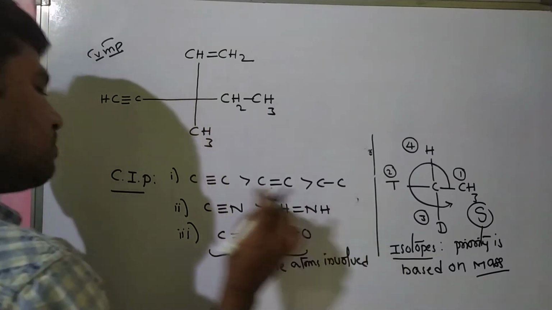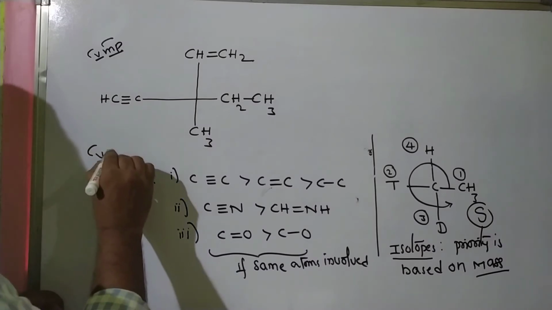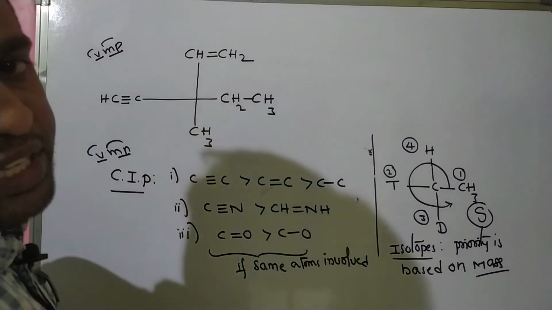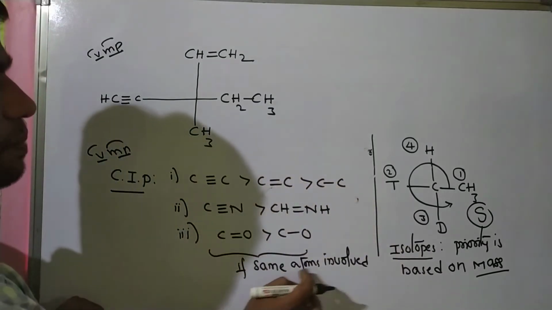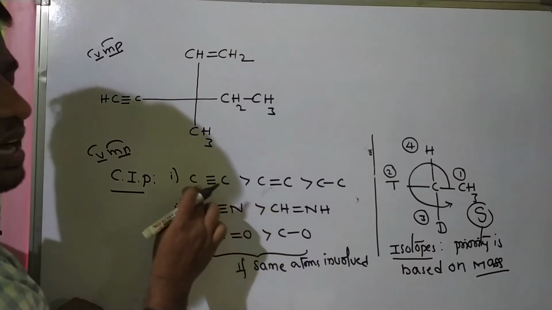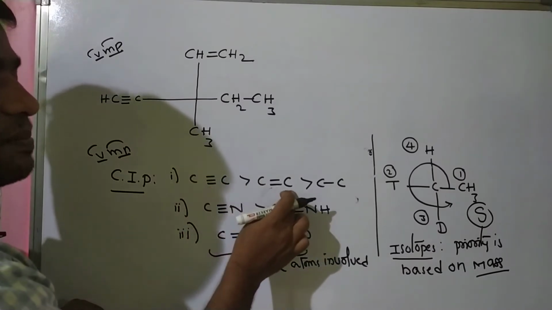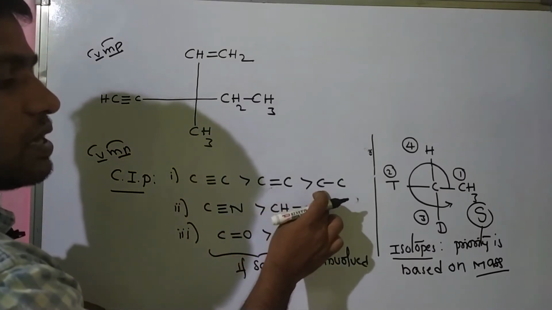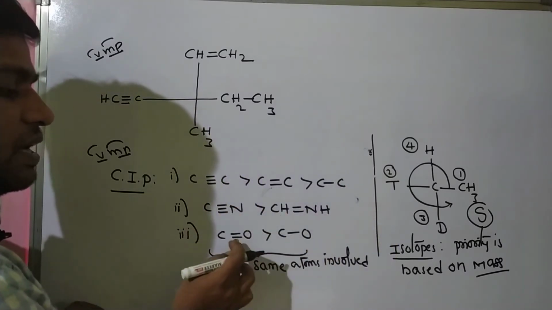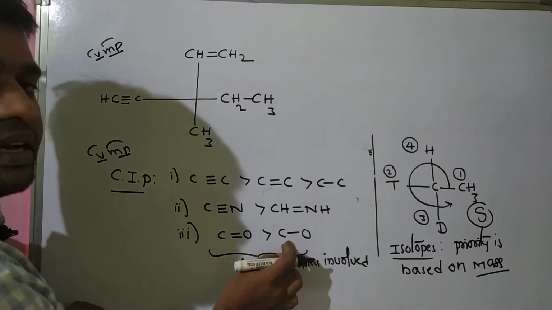This is a very important CIP rule. Please try to understand what I am teaching. Okay, students? If the same atoms are involved, the order of priority is like this: carbon triple bond is greater than carbon double bond, greater than carbon single bond. Here triple bond is greater than double bond. Here double bond is greater than single bond.